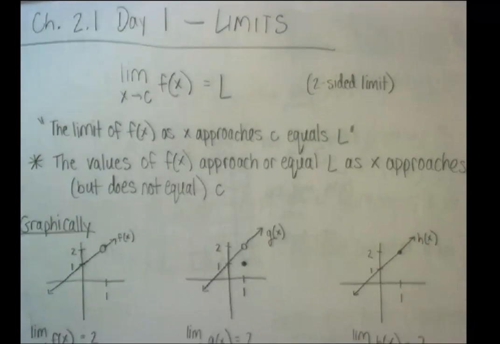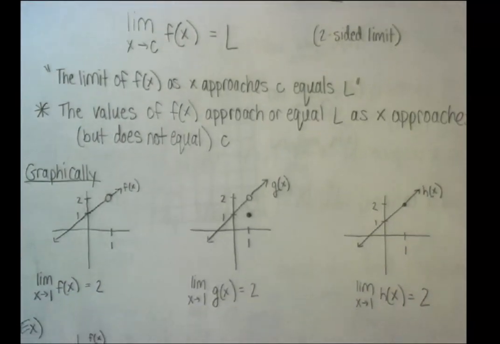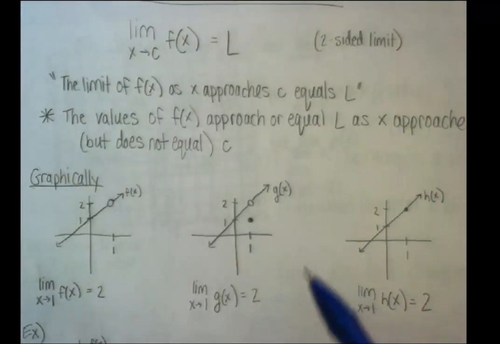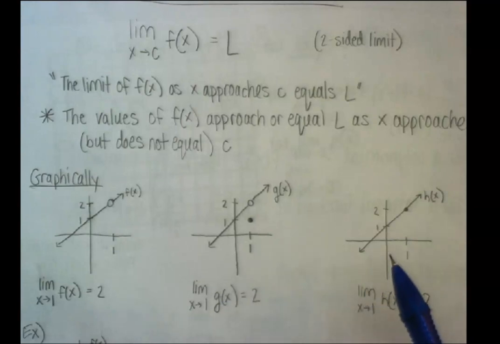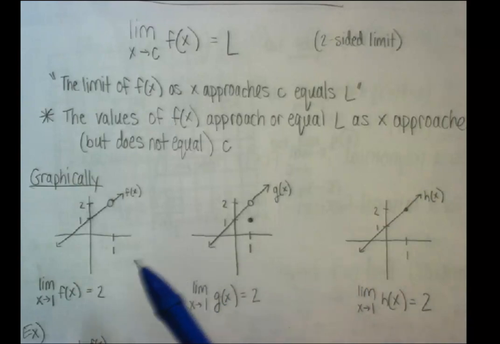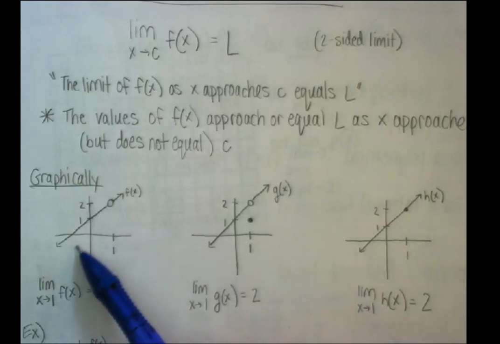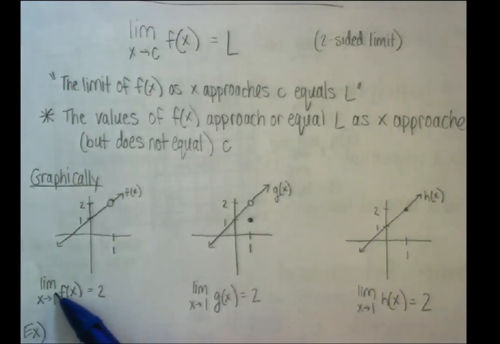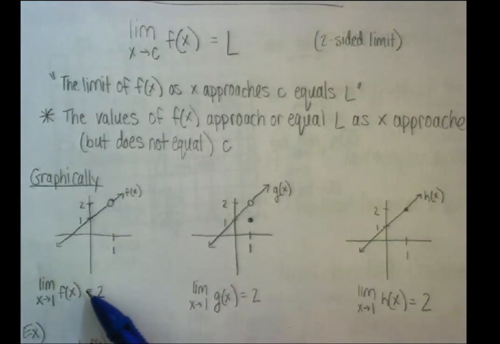So for example, take a look at these three graphs right here. These are three of many possible graphs you could see. It says the limit of f of x as x approaches 1 is equal to 2.